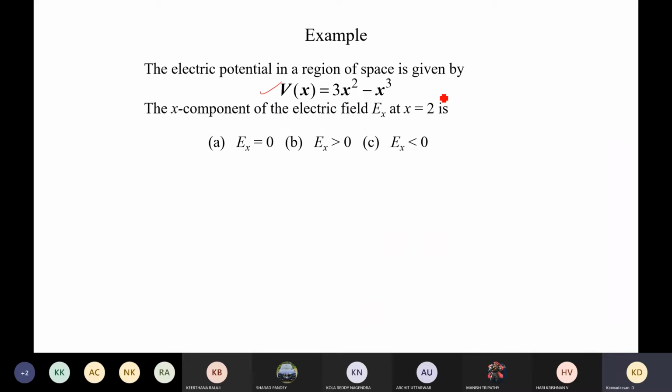Along the x-axis, the potential is distributed like this, and we have to calculate the corresponding electric field because of this potential distribution at x equal to 2. So at x equal to 2, what is the value? That is what we have to find. The question is whether it is equal to 0, greater than 0, or less than 0.